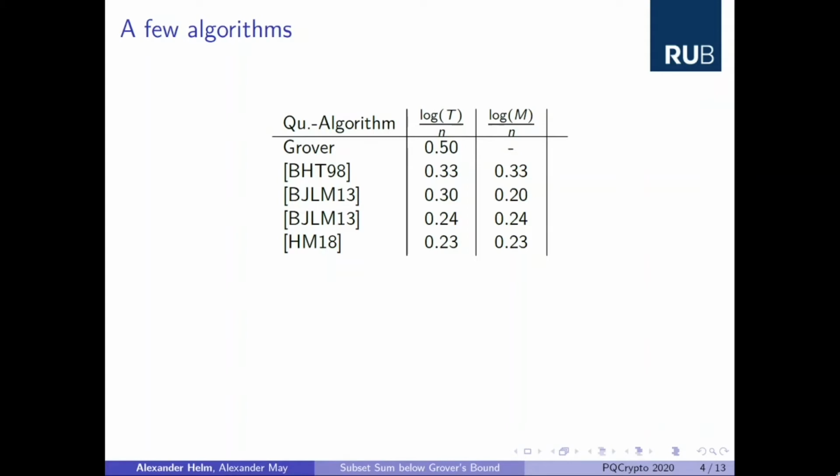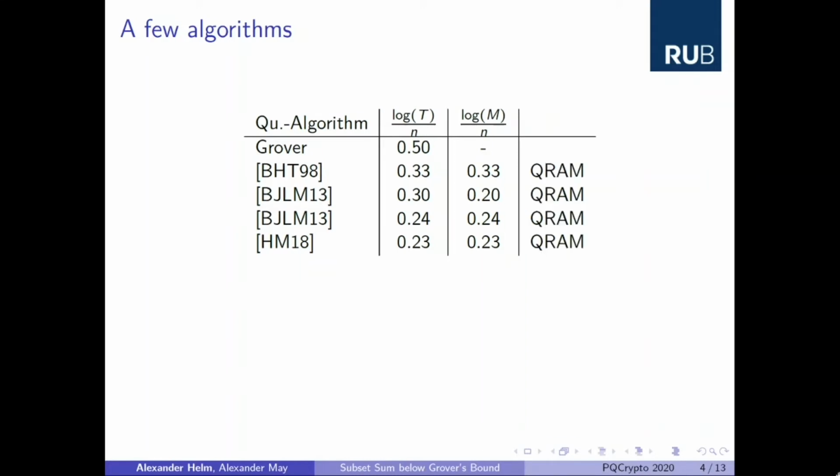If we now take a closer look at these quantum algorithms, we can see that except for Grover's algorithm, every one of these quantum algorithms uses quantum random access memory. The usage of QRAM is still controversially discussed, and it's not yet clear how much the realization of QRAM costs us. And it's also unclear how many qubits we need for this.